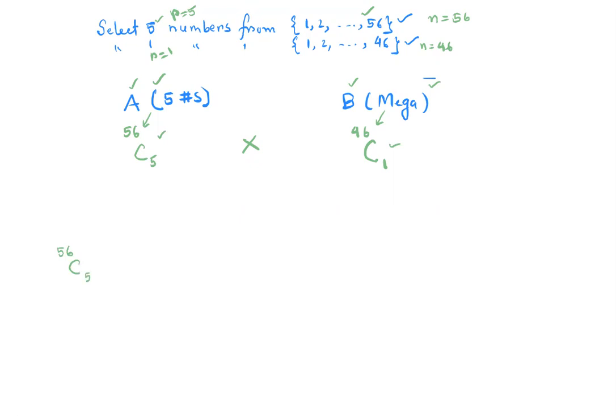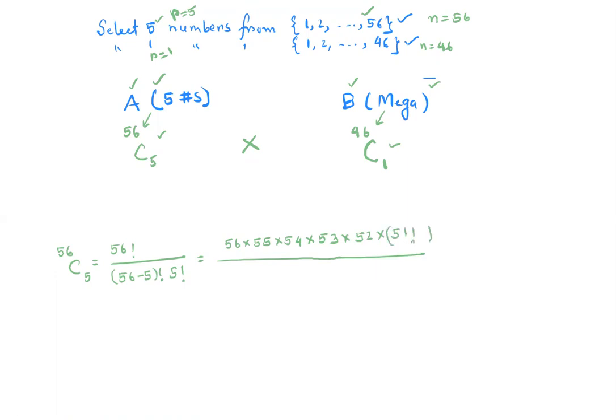56C5, which is going to be 56 factorial divided by (56 minus 5) factorial times 5 factorial. That is going to be 56 times 55 times 54 times 53 times 52 times 51 factorial.